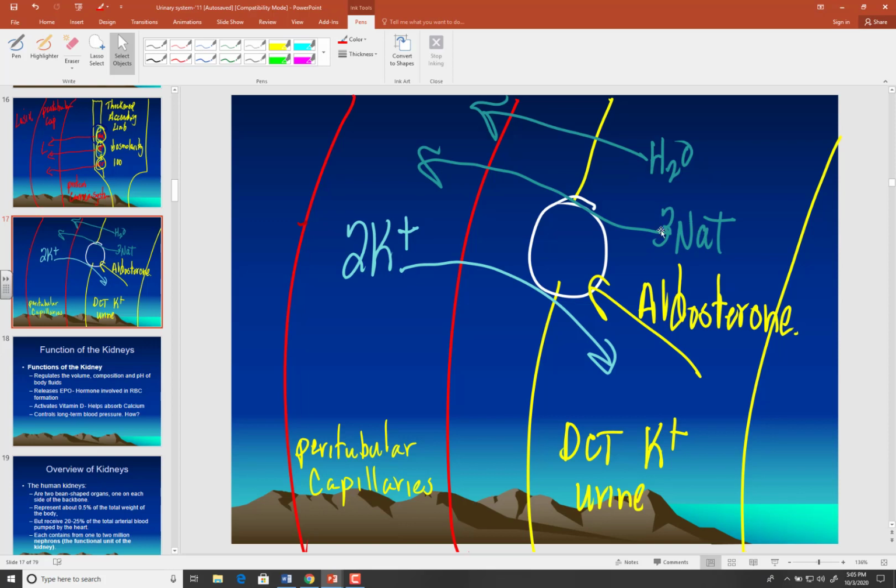The osmotic effect of sodium getting pumped back into the blood reabsorbs water back into the blood. So aldosterone increases your blood volume, and anytime you increase your blood volume, you increase your blood pressure. So one of the functions of aldosterone is to raise your blood pressure.